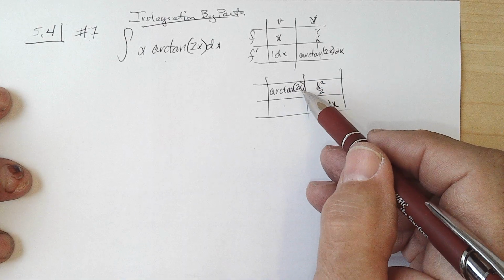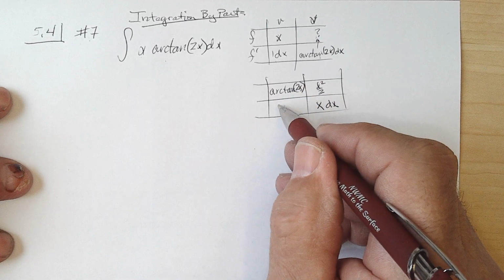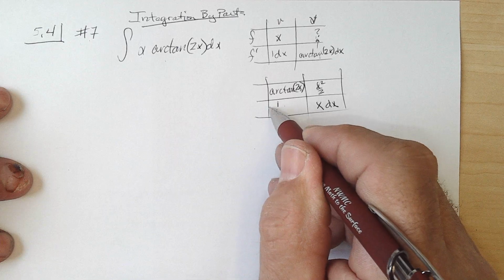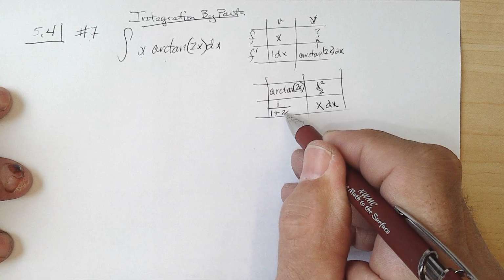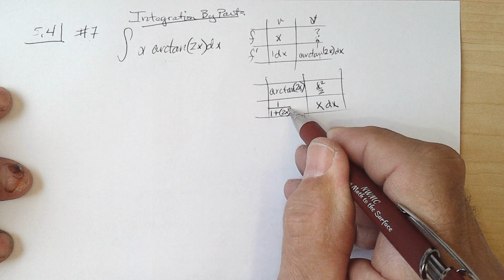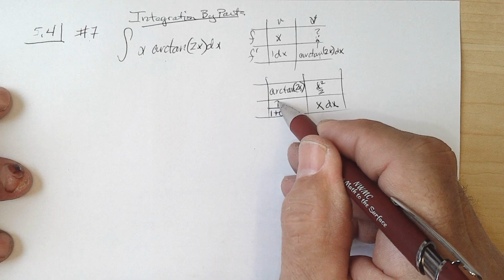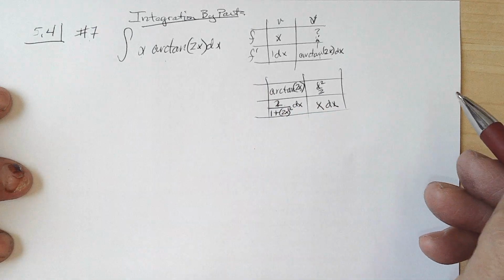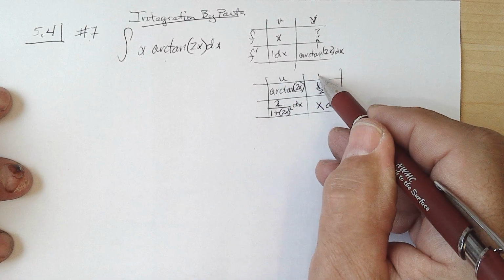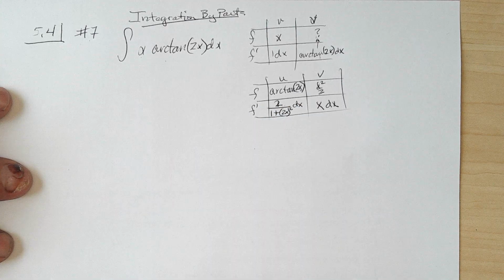The derivative of arctangent of 2x: well, the derivative of arctangent of something is 1 over 1 plus the something squared times the derivative of the something, which is a 2 dx. Now, if we use that for u and v, we can get a little bit done.